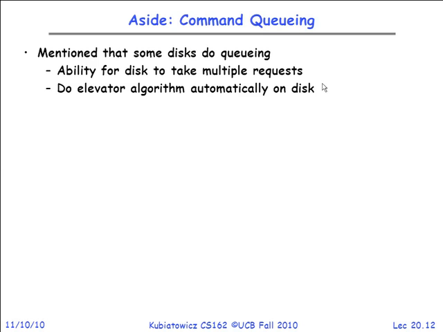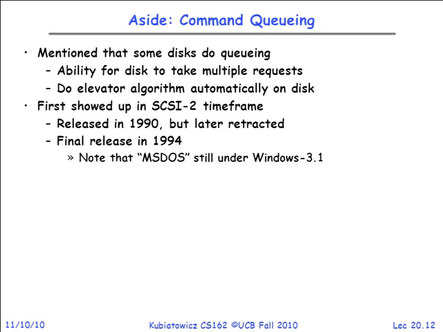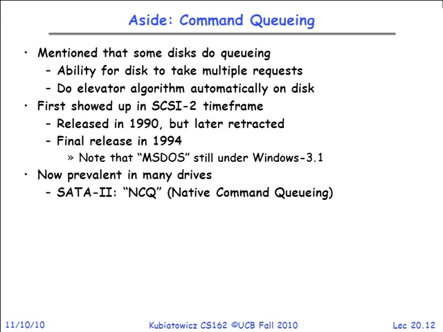This ability to queue first showed up back in 1990, but it's only recently, with some of the really big disks, that command queuing has become very prevalent. You can't buy a 2 terabyte or a 1 terabyte disk without command queuing on it. SATA 2 has what's called native command queuing. If you look at a spec for a drive, you'll see NCQ, native command queuing.